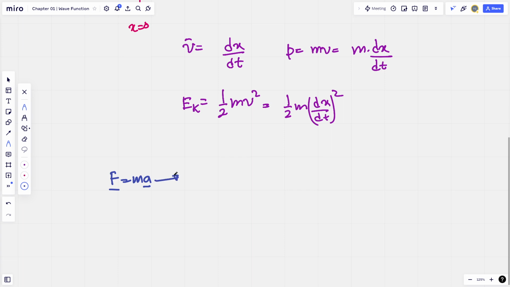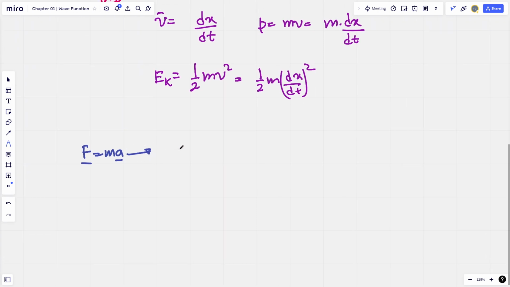We know a is the first derivative of v, so we can write this as dv over dt, or we can write this as the second derivative of x with respect to time.